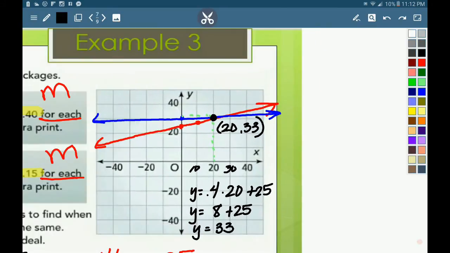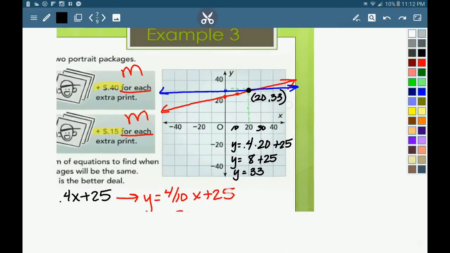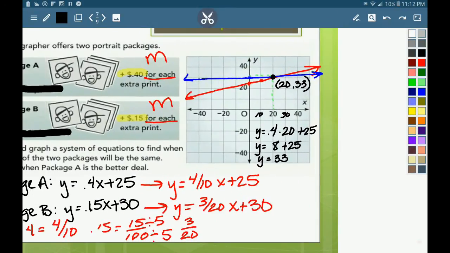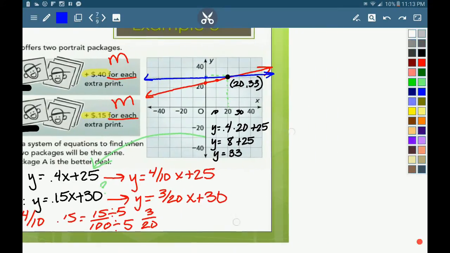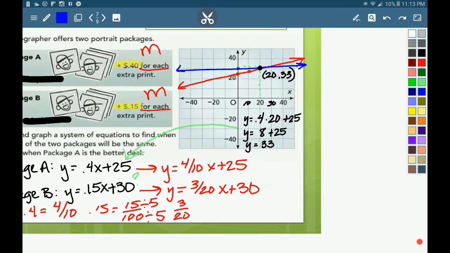I'm going to verify that in both equations. Now, technically, I plugged this into the first equation, so the first equation is already verified. I just need to verify the second equation. So I'm going to plug (20, 33) into package B. So I have y, which is 33, is equal to 0.15 times 20 plus 30.